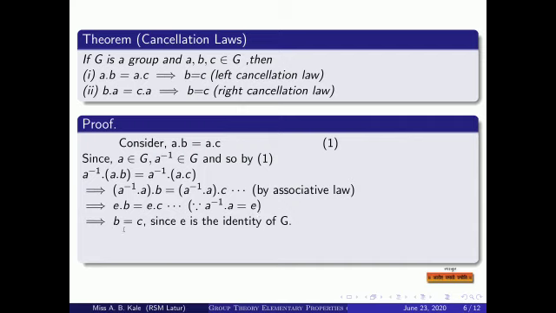That implies B is equal to C, since E is the identity element of G.